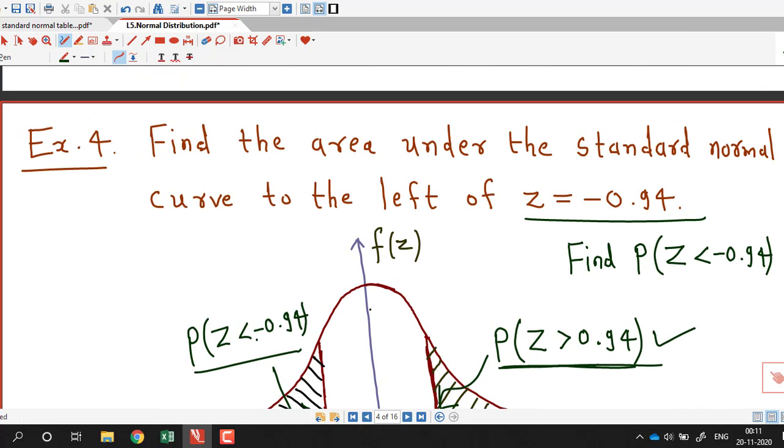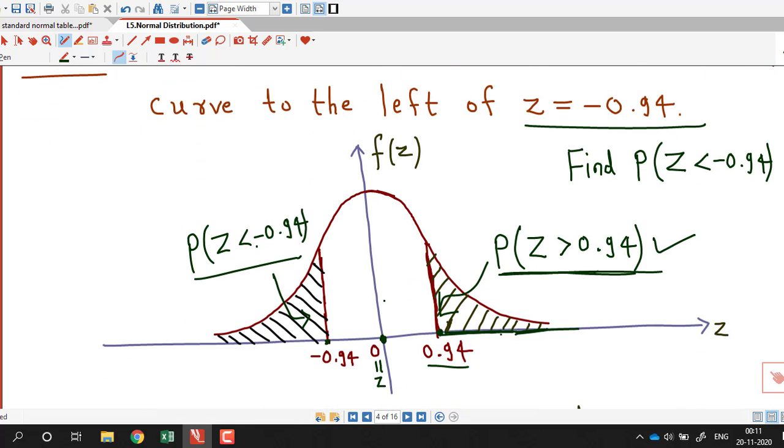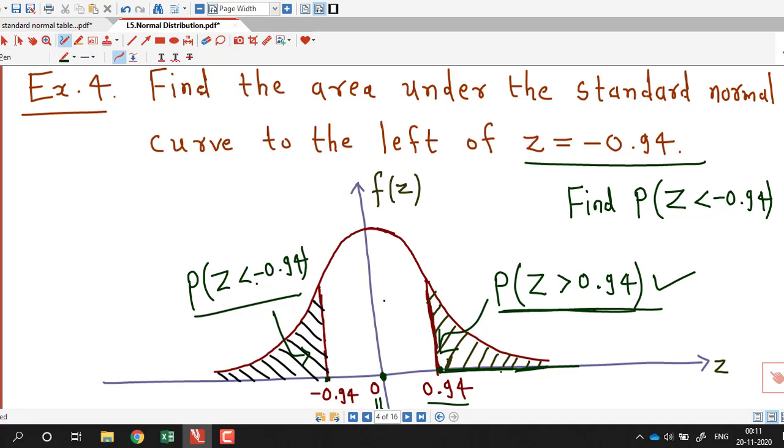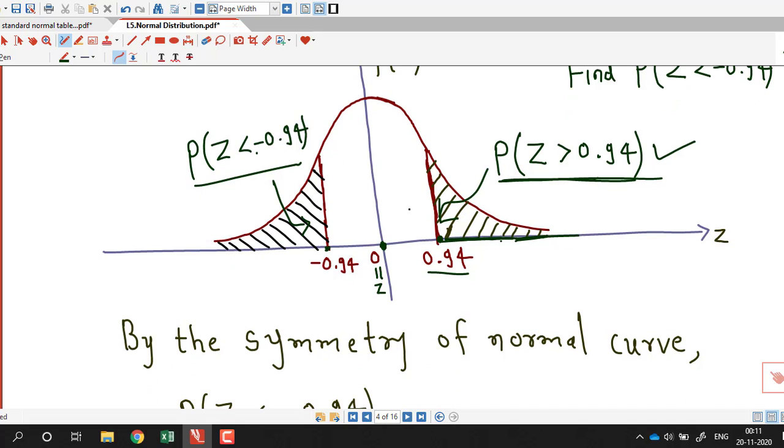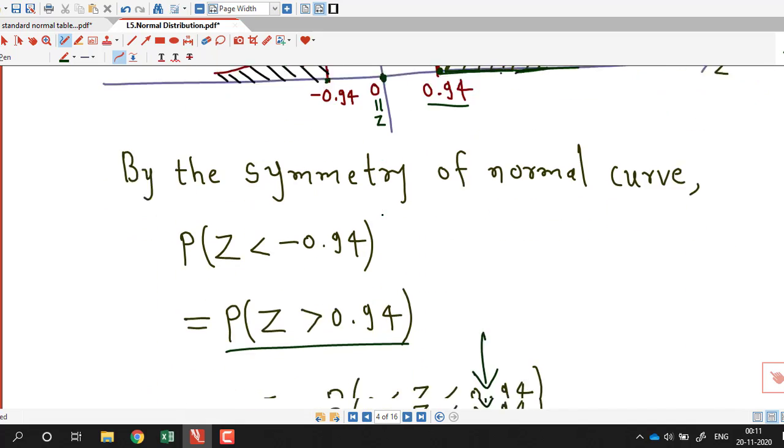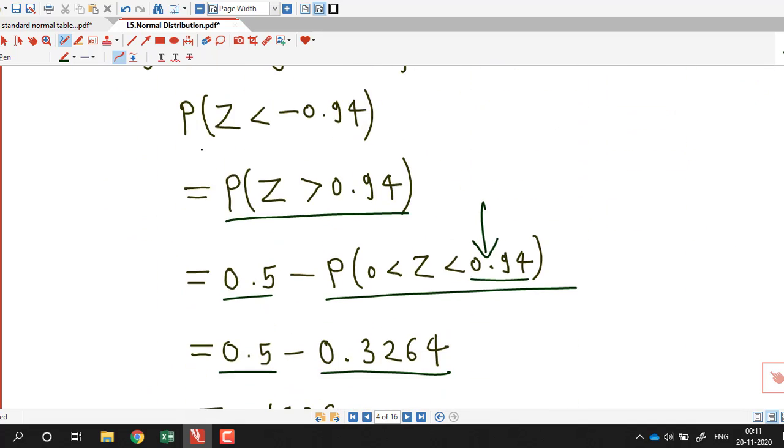So in this way, if we are not having areas which are given in terms of tables, then using the symmetry of this normal curve we are able to convert the required area in terms of known areas which are given in the table.